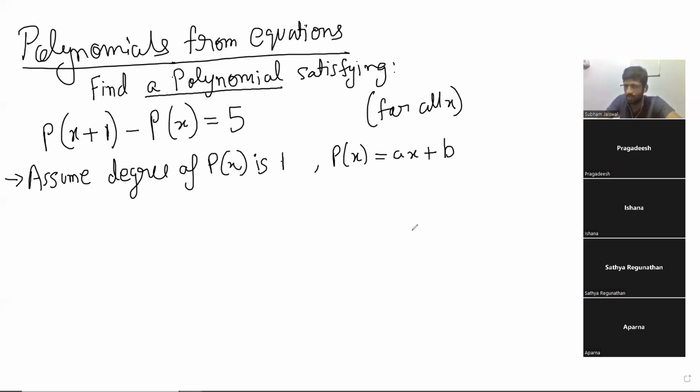And now you try to find the a and b using these equations. At x plus 1 it's that, and at x it is this, and we take the difference, and the difference is 5. You immediately see that the b doesn't play a role. You can put b to be anything.